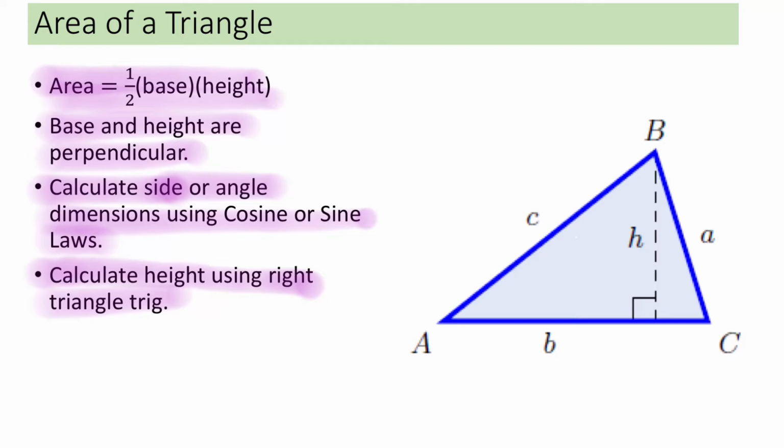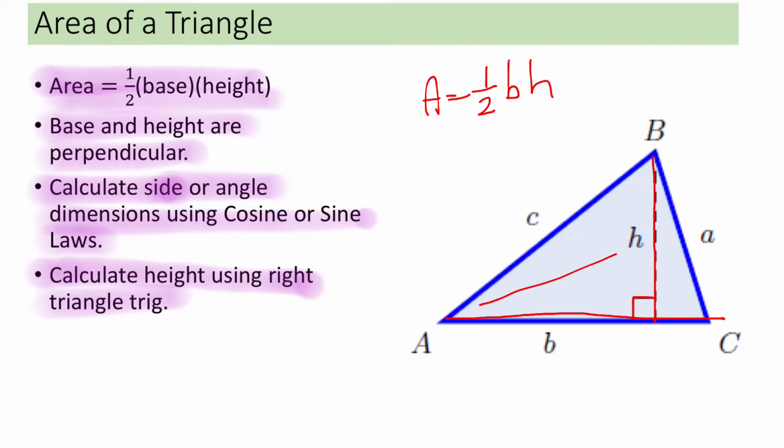So briefly, what I'm talking about there is that if I wanted to calculate this height, and that would go with this base here perpendicular to it, my area calculation would be 1/2 the length of side b times the length of that h, that altitude.